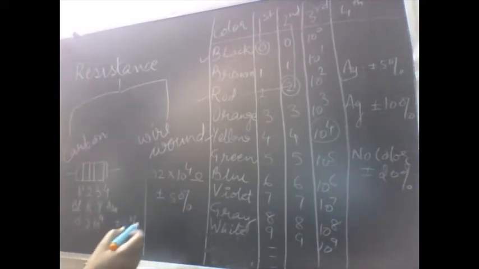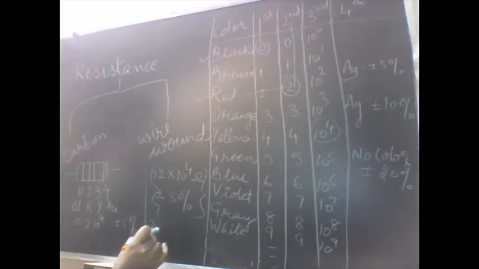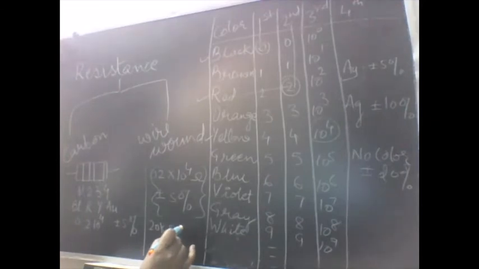We can resolve the issue further. So what can be the final value of the resistance that is given to you? Either it is 20 kilo ohm plus 5%, or it is 20 kilo ohm minus 5% too. This is the range.